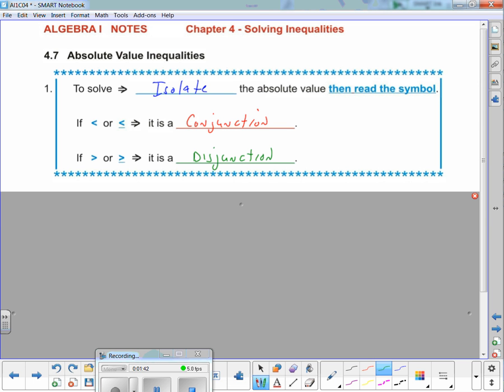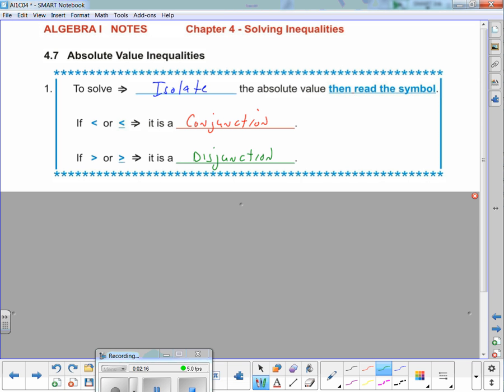We know how to do conjunctions and disjunctions, at least we're getting close. So when you look at an absolute value inequality, you have to immediately be thinking conjunction, disjunction. If you don't think that, then you're not going to get it correct.